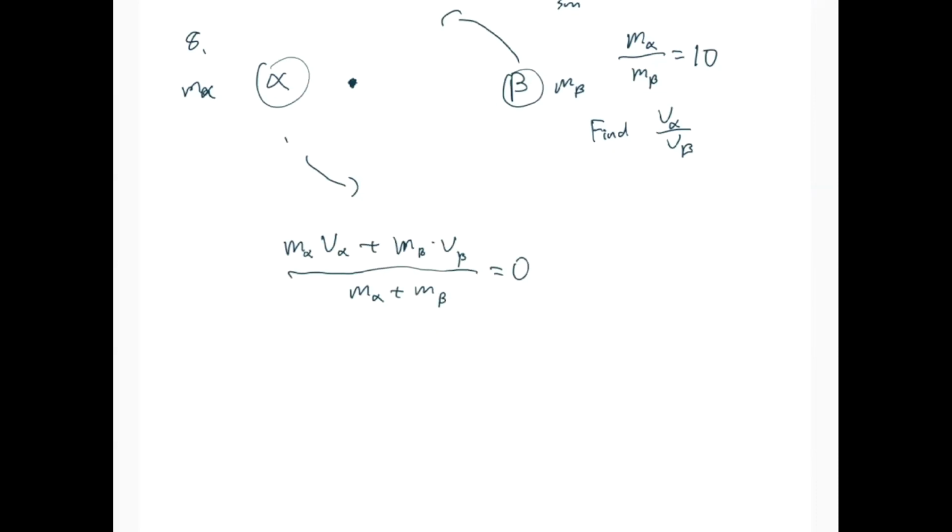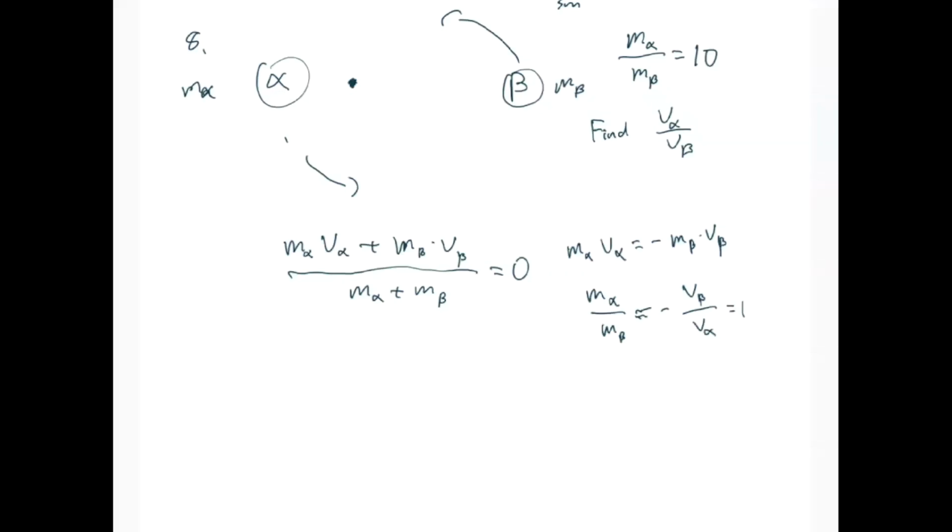So we know that m alpha times v alpha equals negative m beta times v beta. But wait, we already know that the ratio of m alpha over m beta is 10. We can rearrange this to get m alpha over m beta equals negative v beta over v alpha.